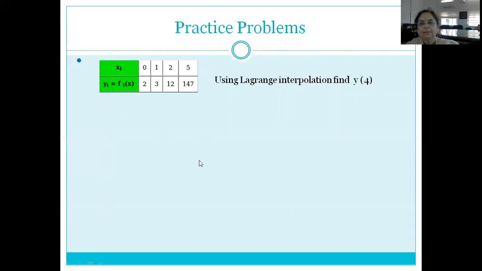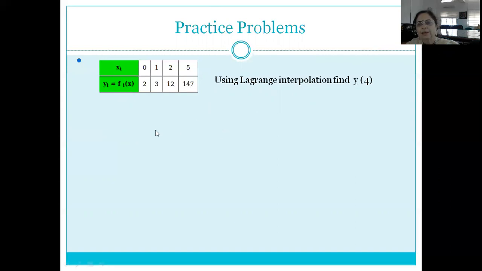And then you can assemble the function as L0 multiplied by y0 plus L1 multiplied by y1 plus L2 multiplied by y2 plus L3 multiplied by y3, which will give us the general form of y. Now when we put x equal to 4 in the expression, we can directly evaluate y of 4.